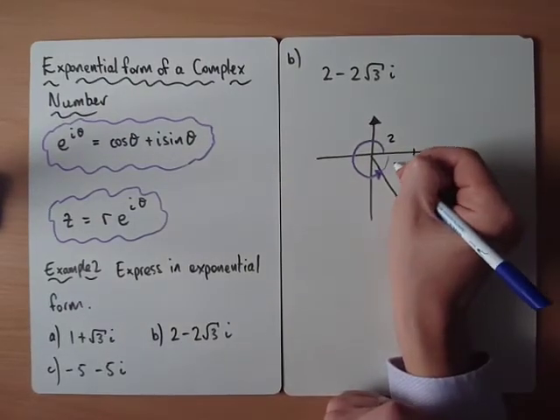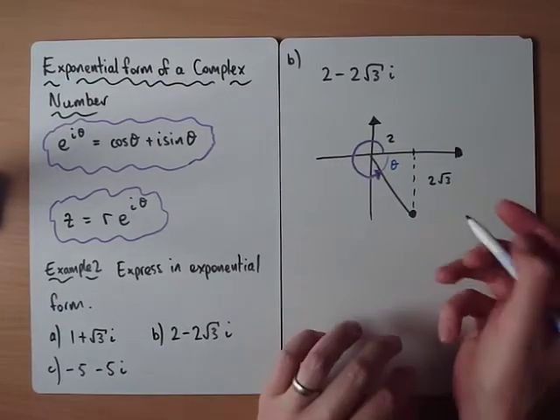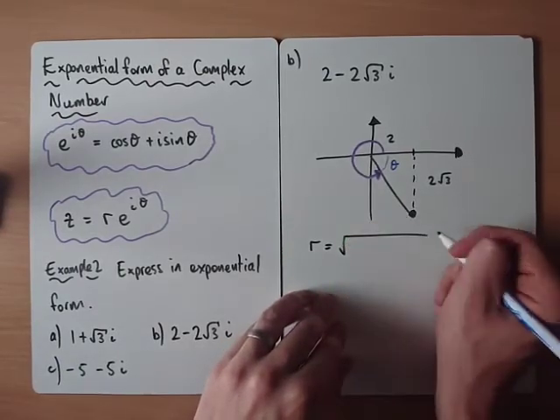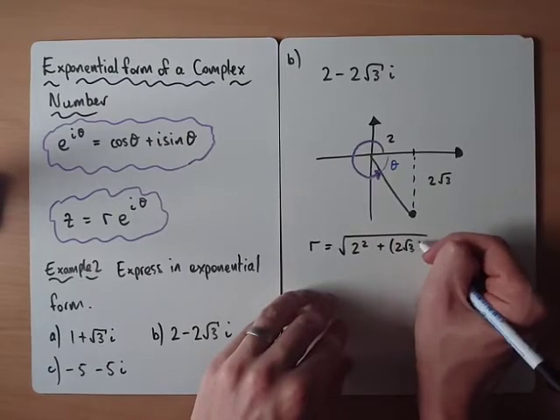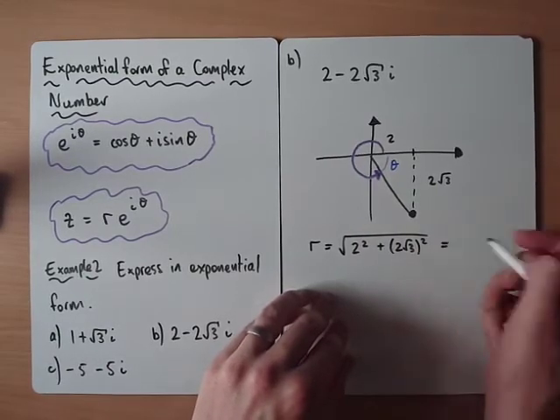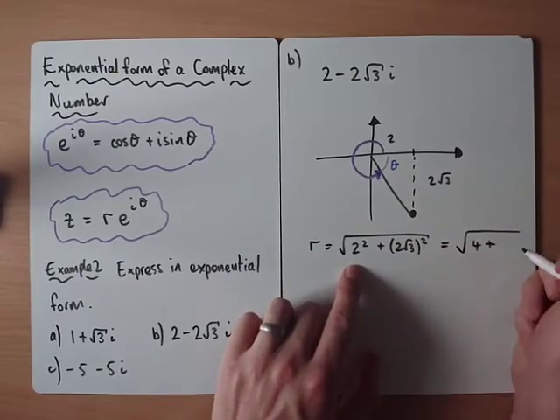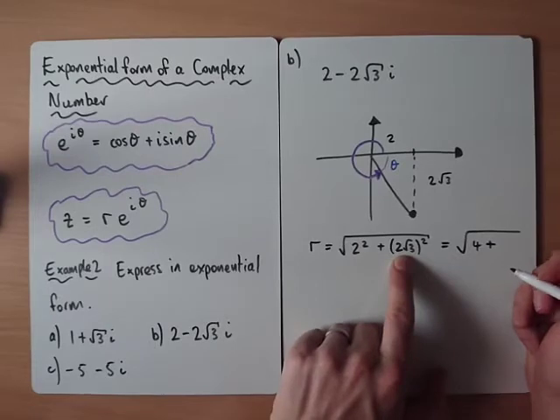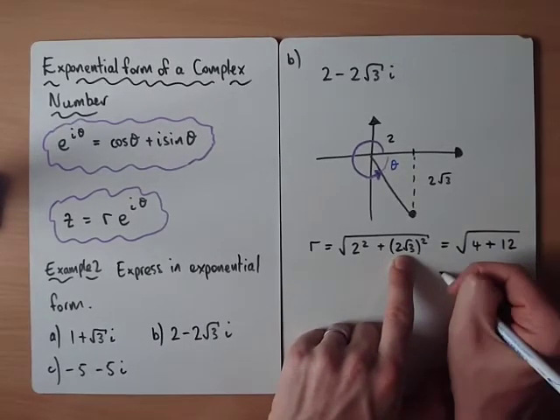But we can obviously look inside the right angle triangle and find this angle. And the magnitude would be the square root of 2 squared plus 2 root 3 squared, which would be the square root of 4 plus, if I square this, root 3 squared is 3, so we've got 3 times 4, which is 12, so we get root 16.